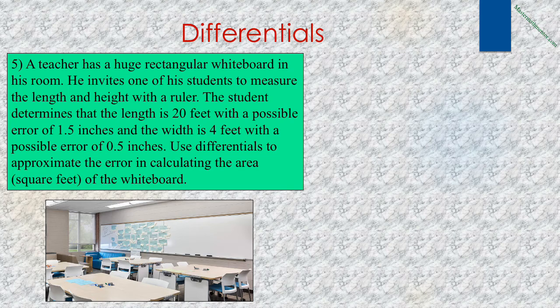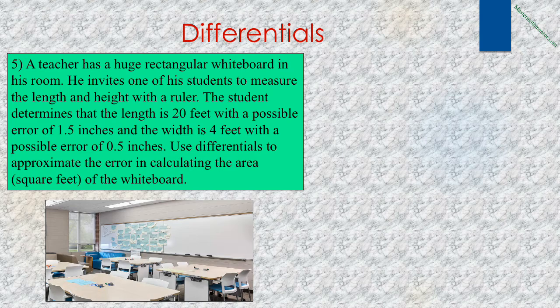In number 5, we have a teacher having a large rectangular whiteboard in his classroom. He invites one of his students to measure the length and height with a ruler, and from there to determine its area. With only a ruler, the student determines that the length is 20 feet, but he admits he could have made a possible error of up to 1.5 inches.